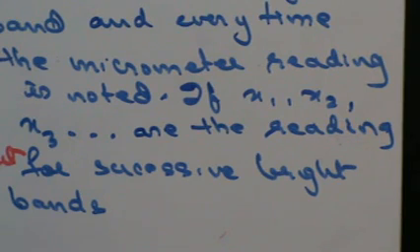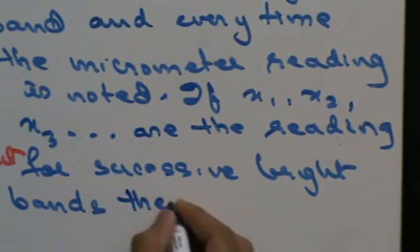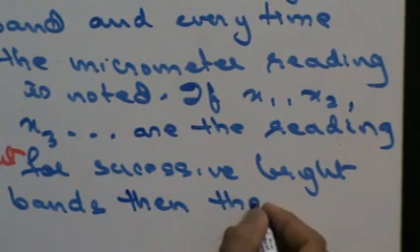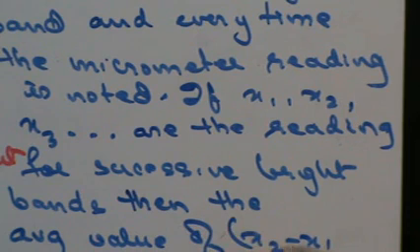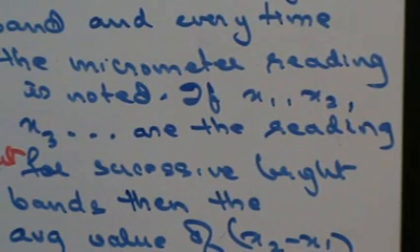Then the average value of x2 minus x1, x3 minus x2 and so on gives x. That's how I get the bandwidth.